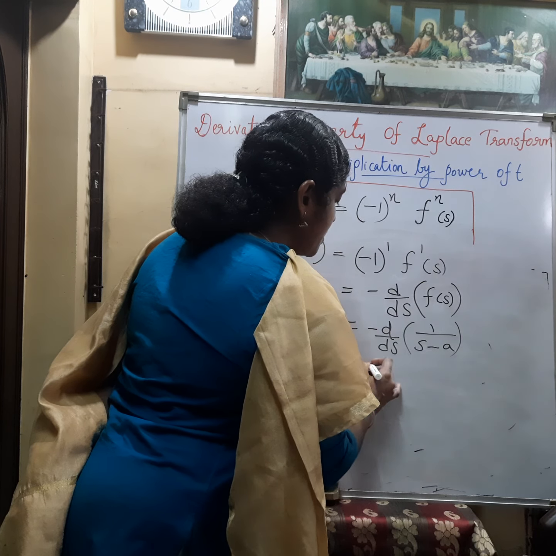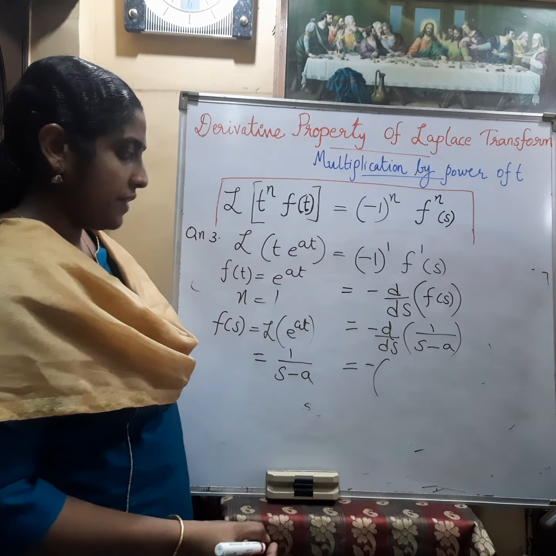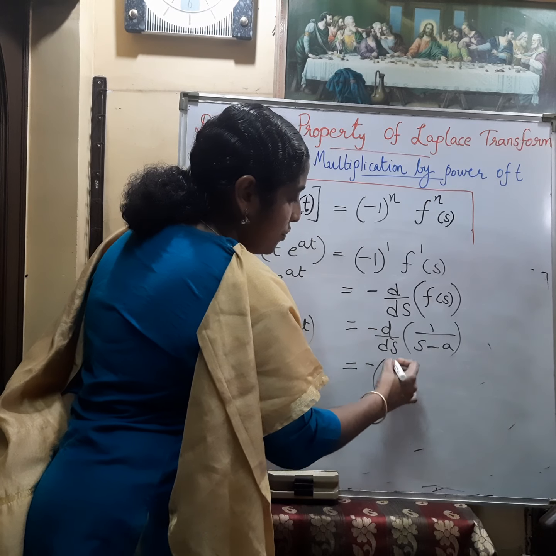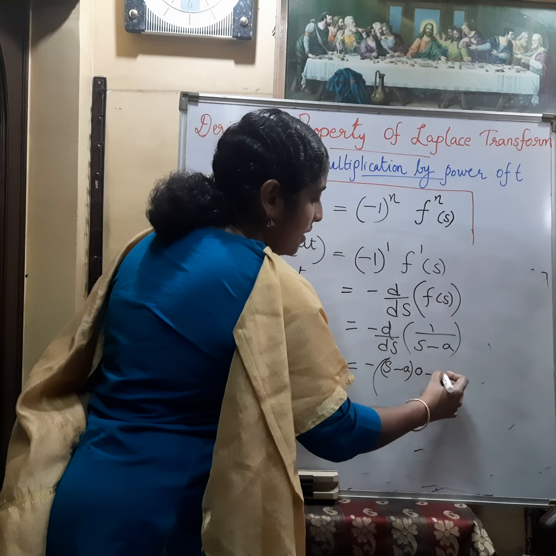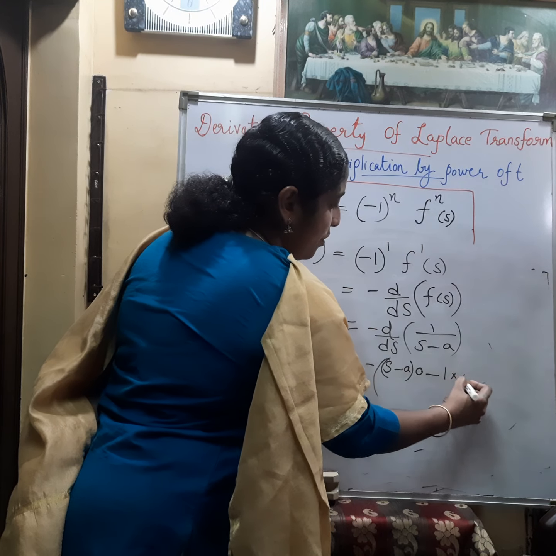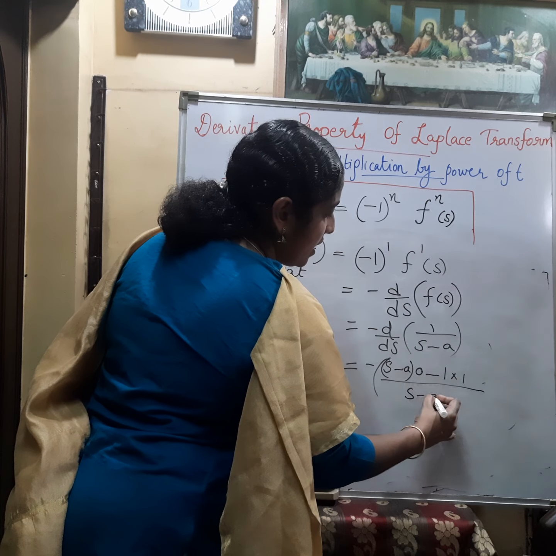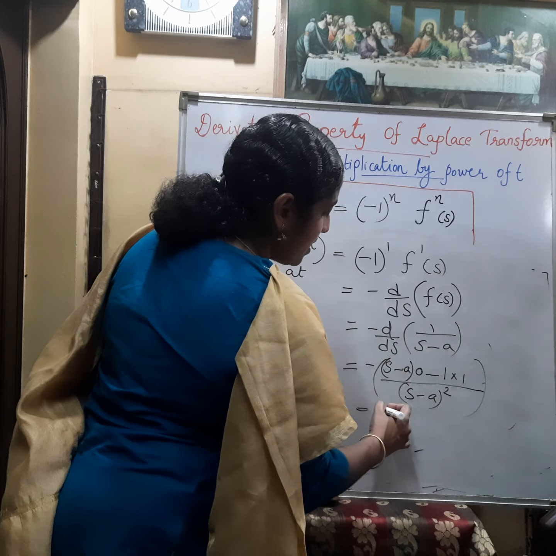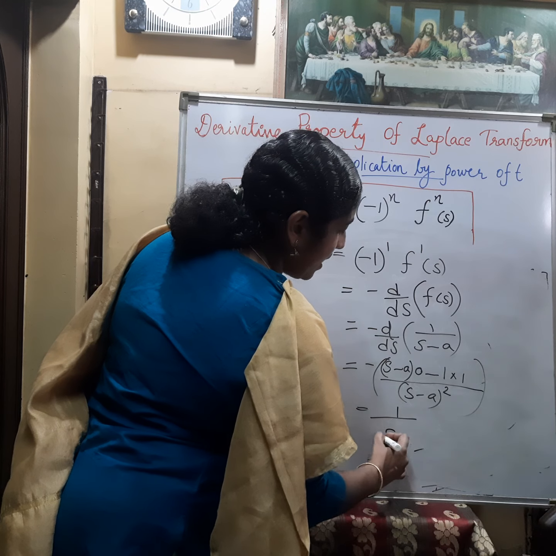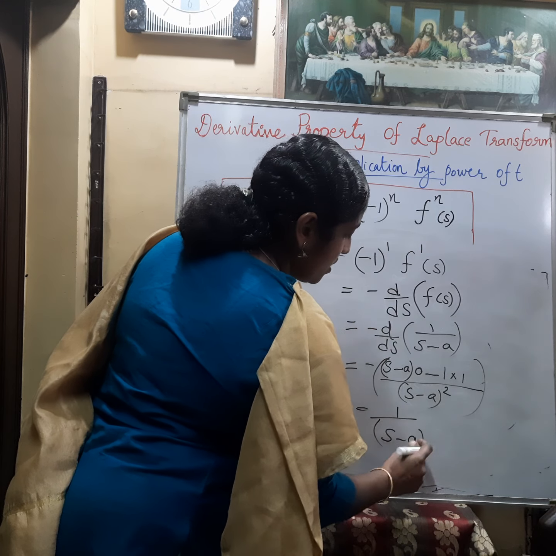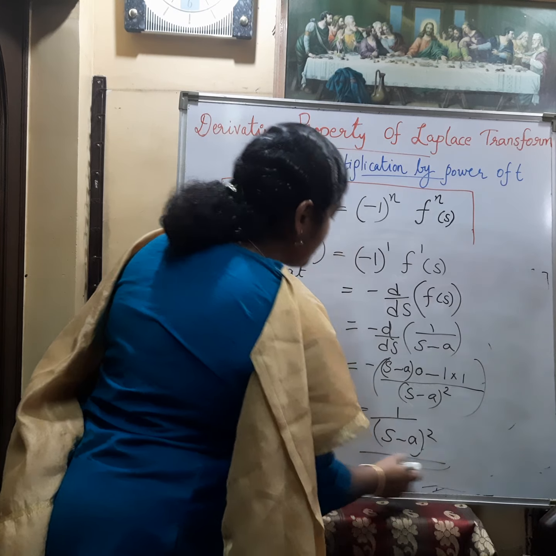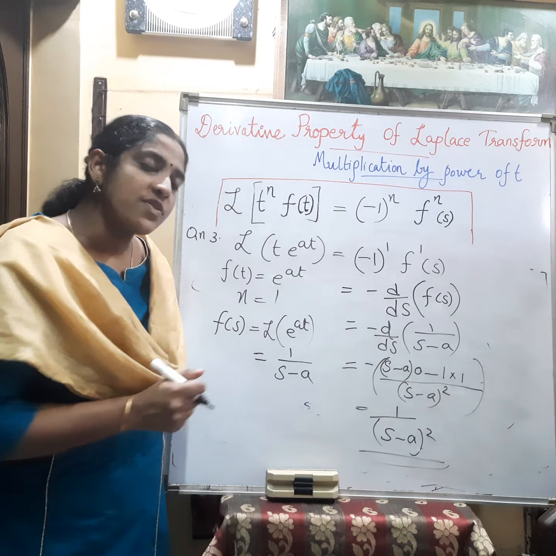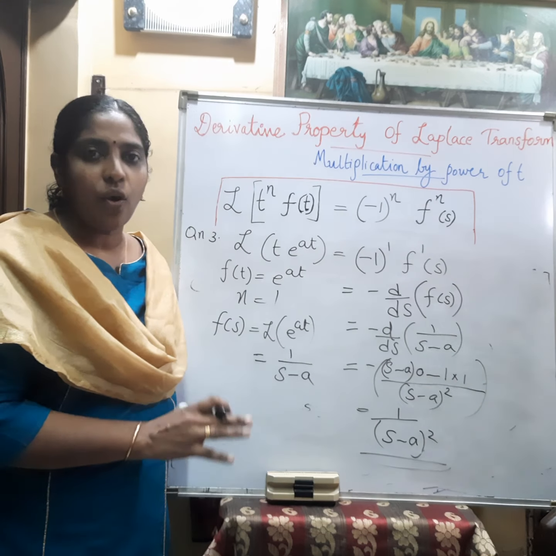We can follow the quotient rule to differentiate it: denominator into derivative of numerator, which is 0, minus numerator into derivative of denominator, divided by denominator square. That is equal to minus 1 times minus, plus 1, divided by s minus a whole square. So we got the Laplace transform of t e raised to at, using the derivative property, as 1 by s minus a whole square.